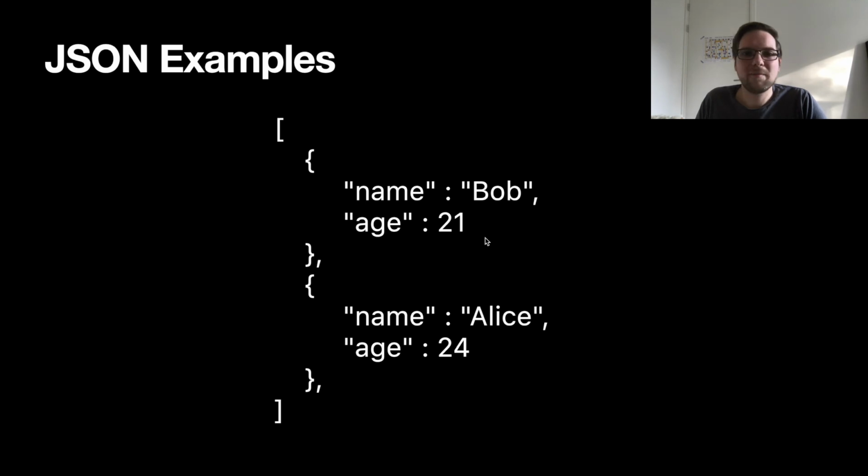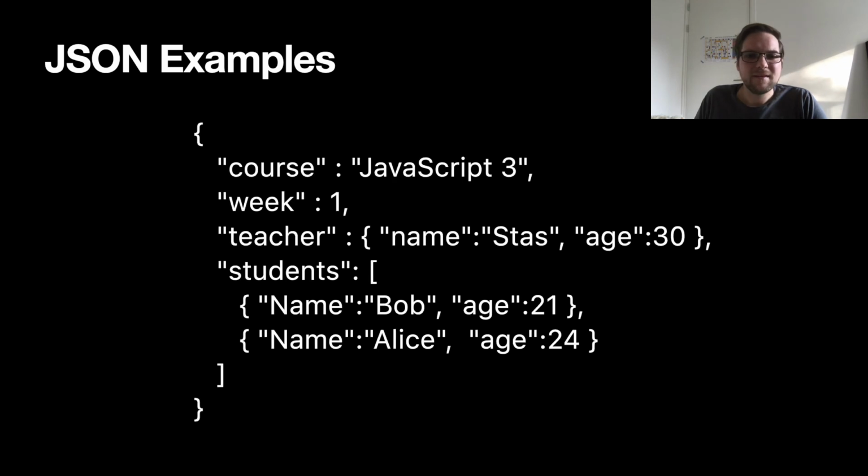Now let's try to combine everything together into one more complex example. Now it's becoming a little bit more complicated, but I can already give you a hint that this JSON represents a course. This object is a course, and it has 4 properties. The first property is called course, and the value is JavaScript 3.